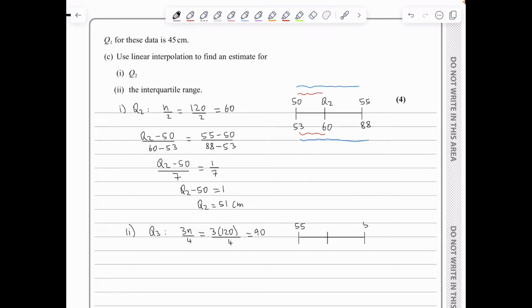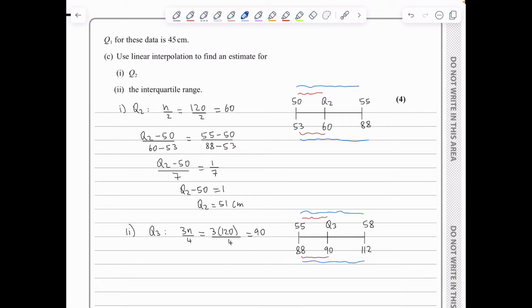and Q3, we've got 88 observations up to 55 and 112 observations up to 58, and we're interpolating for the 90th observation. So once more, I'll be doing the small opening over the small opening being equal to the big opening over the big opening.